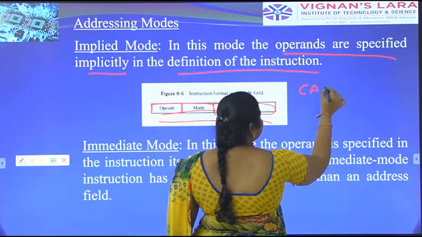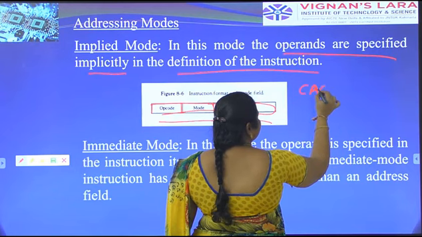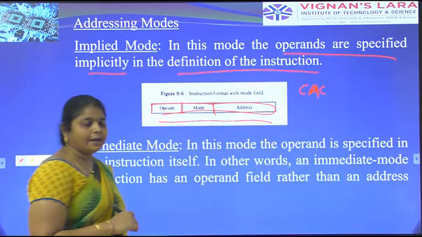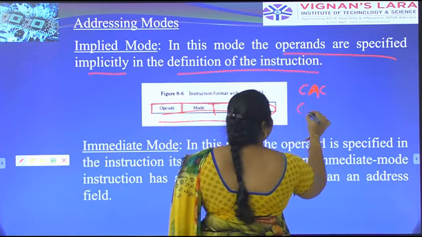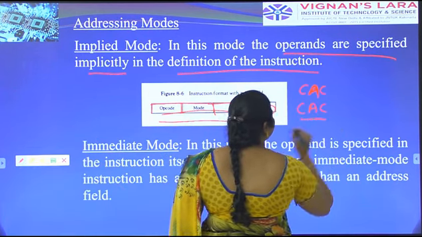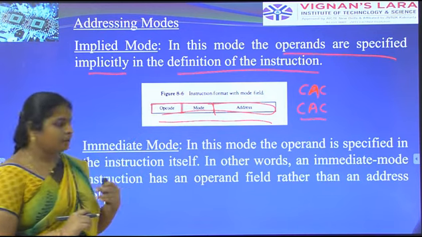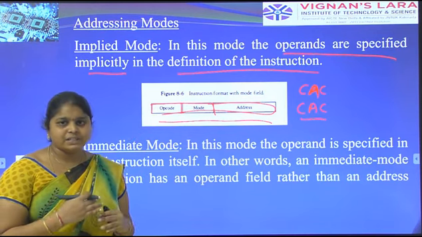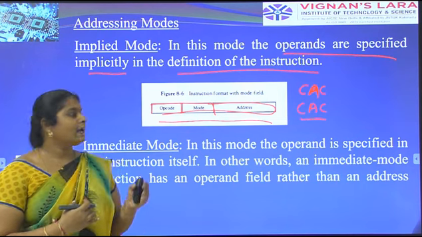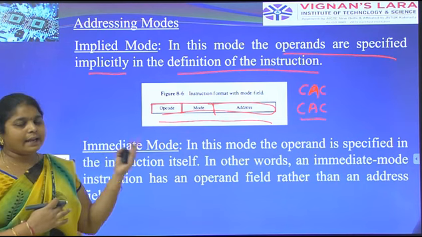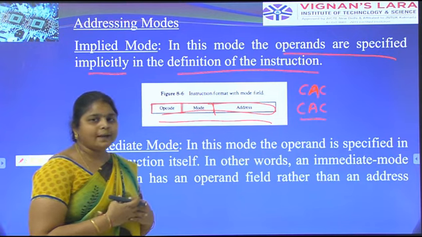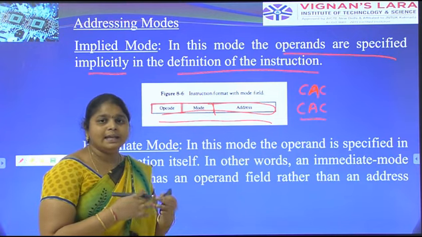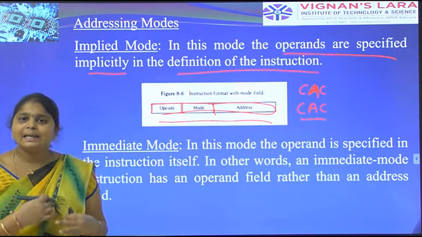Implied mode contains clear accumulator and complement accumulator, so it can be of two types. The operation is done by the instruction itself only. Clear accumulator means any information content in the register can be cleared.